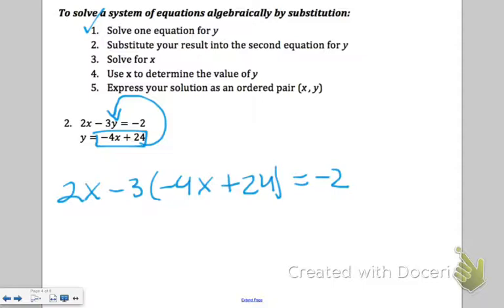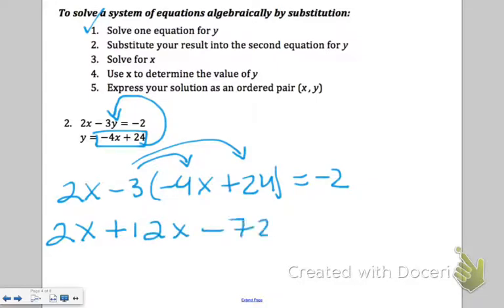In order to combine like terms, we need to eliminate the parentheses that we have here, and the way that we're going to do that is by applying the distributive property. Now we can't do anything with the 2x just yet, since we have to subtract that from what we simplify from our parentheses. So we have negative 3 times negative 4, which is positive 12x, and negative 3 times positive 24 gives us negative 72.